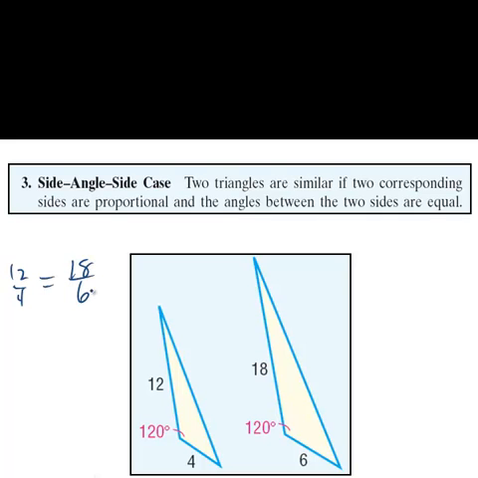Or you could write 12 is to 18 as 4 is to 6, for example. So if the sides are proportional across the 2 triangles and the interior angle in between is the same, then the 2 triangles are similar.